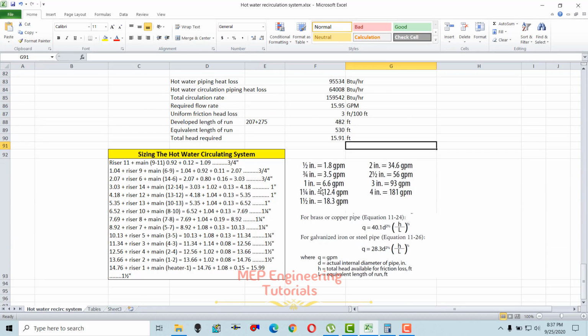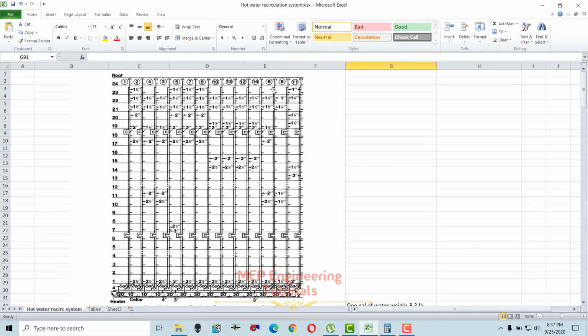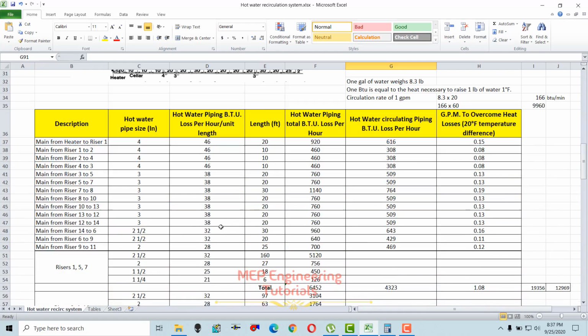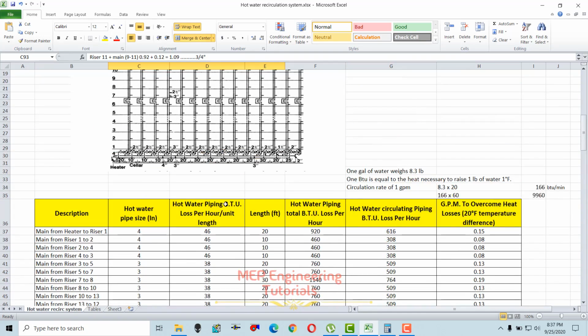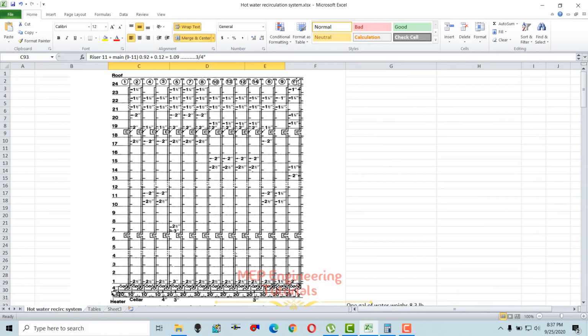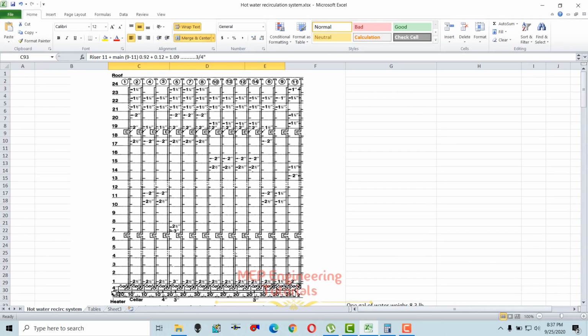Now we're going to calculate the size for the main recirculation piping, like between risers 9 to 11, between 6 to 9, between 5 to 7, between 1 to 2. We have to calculate the main horizontal piping, so we'll do it one by one. First is riser 11. It starts from the most remote one. This is riser 11, and we're going to get the size for this main recirculation pipe, which is connected to the water heater.